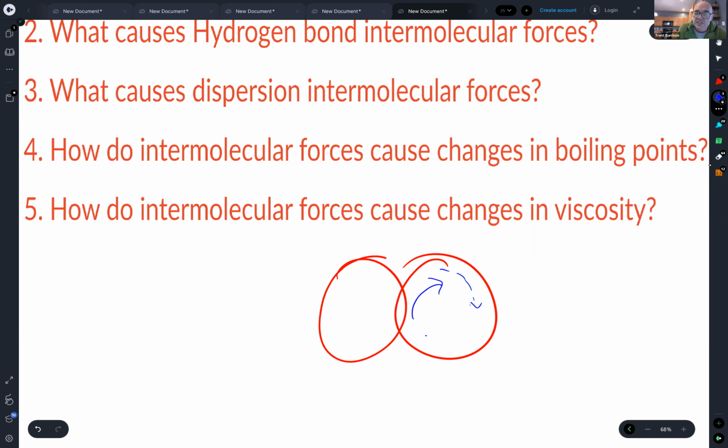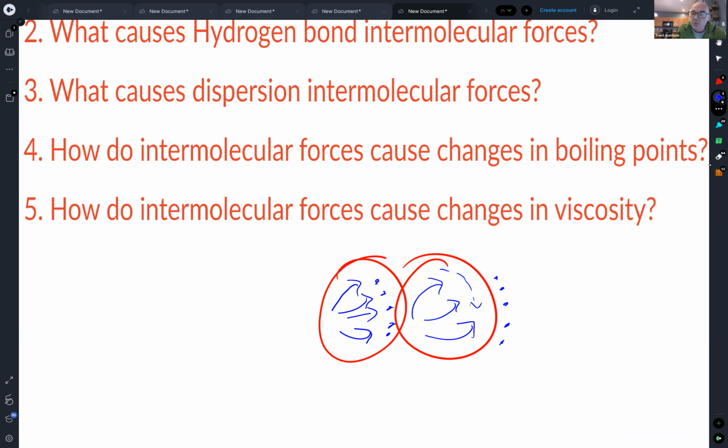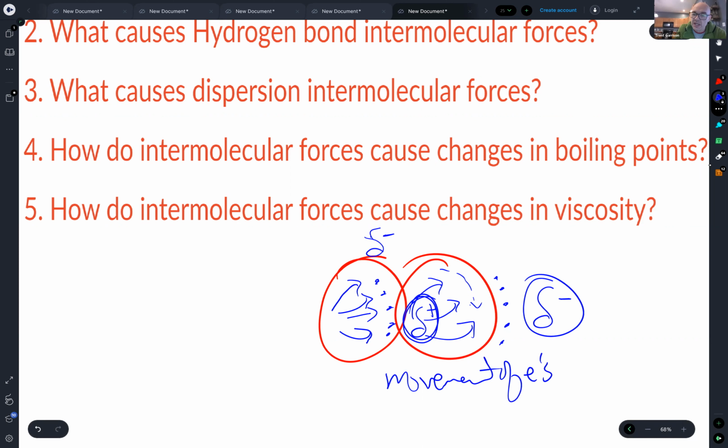So if I have some temporary time where all of the electrons pool over here on one side, and at the same exact coincidental moment, all of the electrons in the other atom happen to be on this side, well, now I have a temporary negative side on this atom, but over here, I have a temporary positive. So this is dispersion. It's just the movement of electrons, which causes these temporary dipoles.